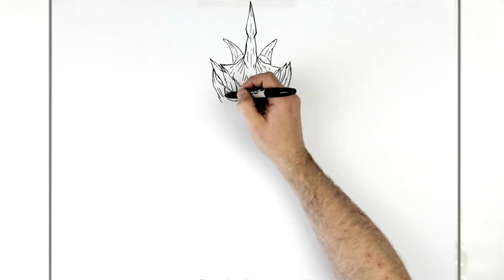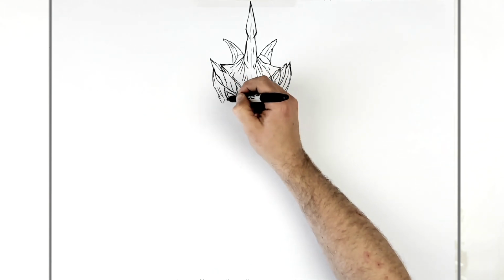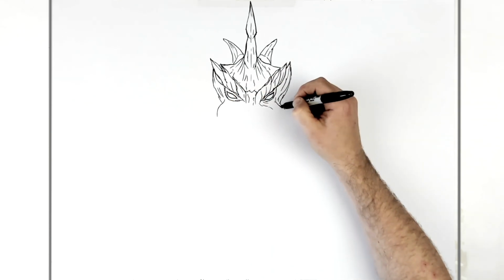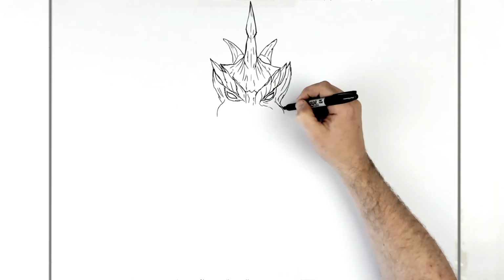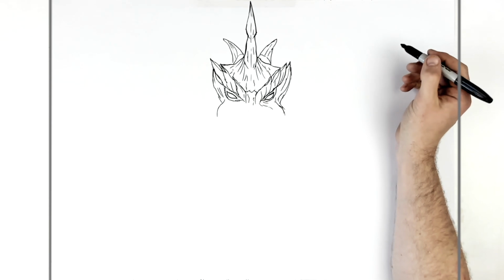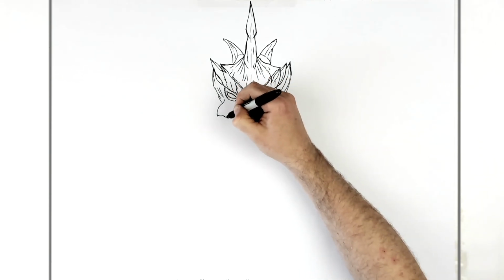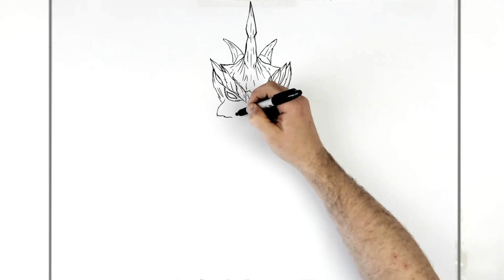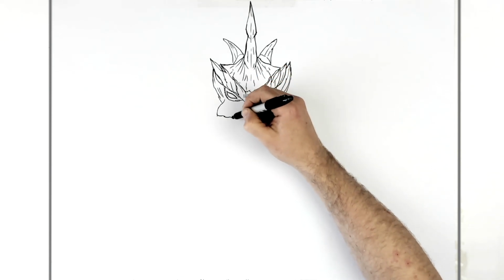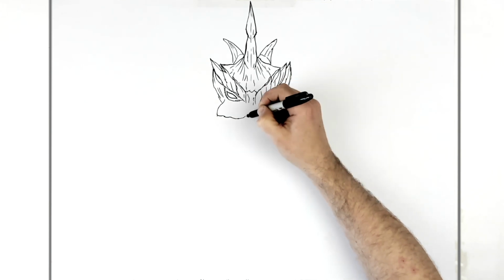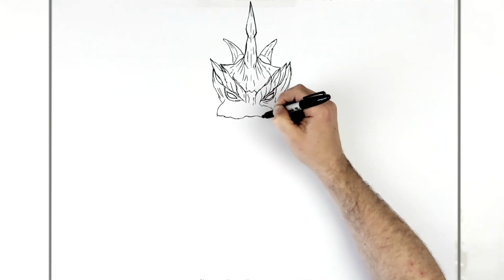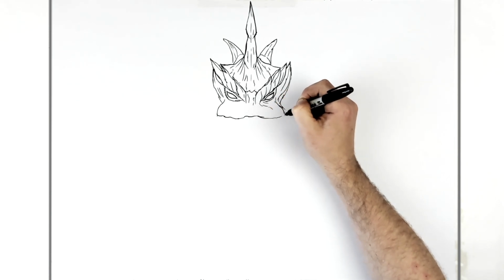And then we have his mouth starting here, curving around. And then his gum line comes across. It's kind of this bumpy line. His top lip here, down and then around this way.